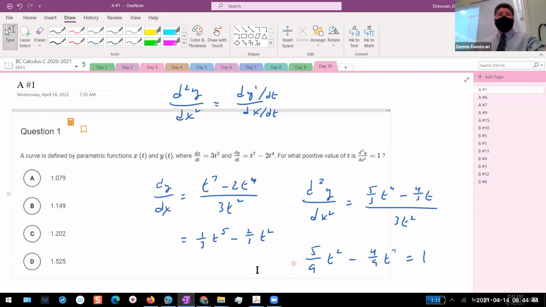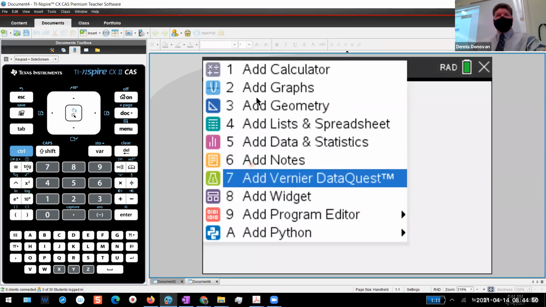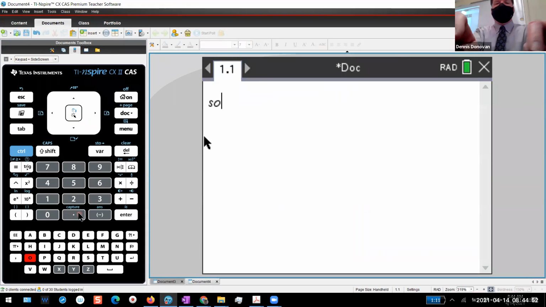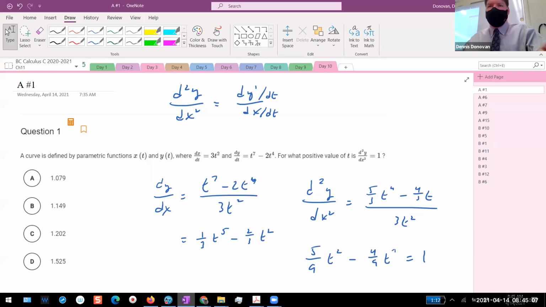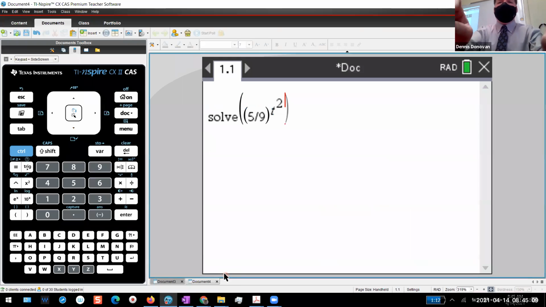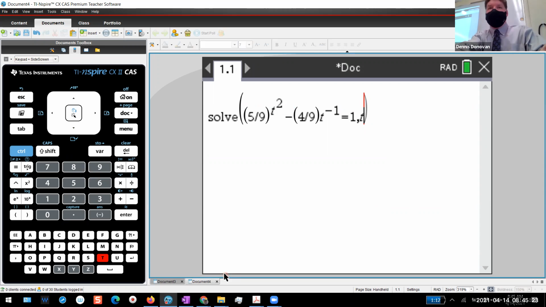Okay, and we can let our calculator do that. So we have 5/9 t squared minus 4/9 t to the -1 equals 1, and we want to solve for t, and hopefully this is going to get us an answer.